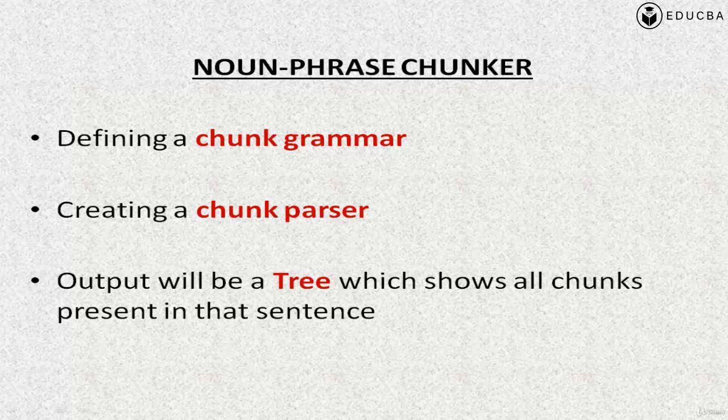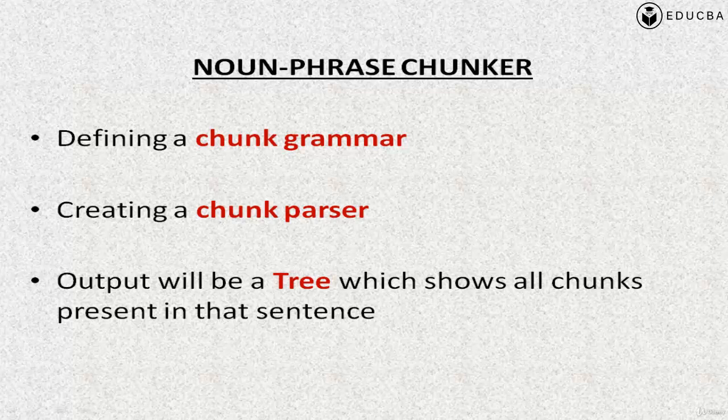Next, we are creating a chunk parser which will parse our grammar and give you some chunks. Next, your output will be a simple tree which will show all the chunks present in that sentence. So these are the complete steps which we have to follow for implementing a chunker on our sentences.